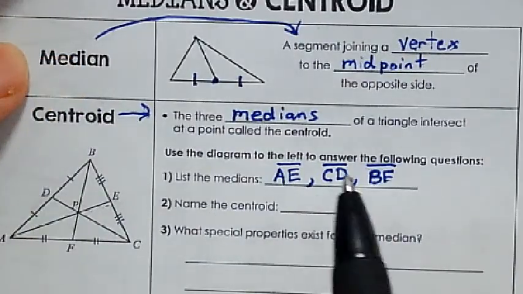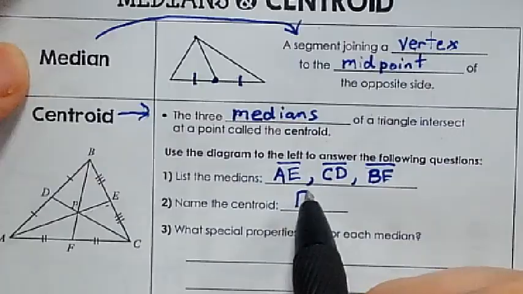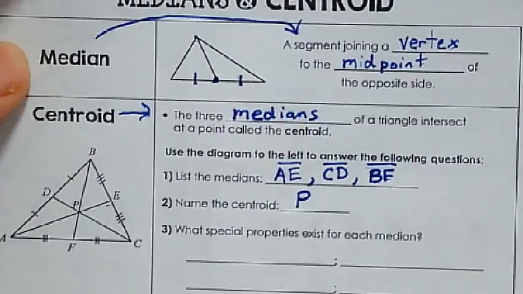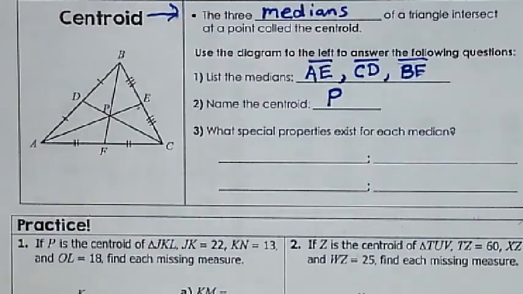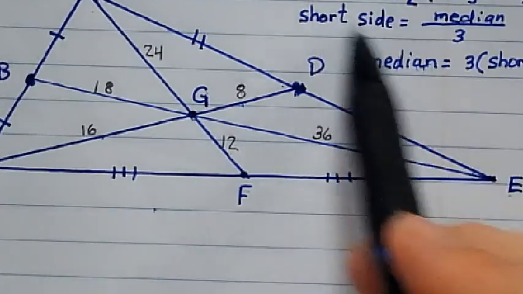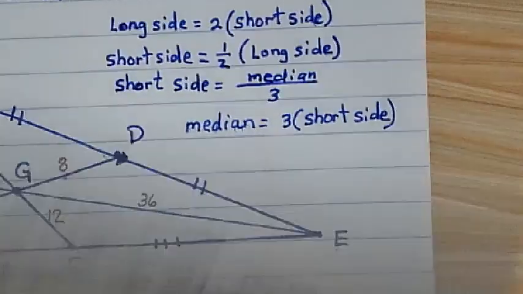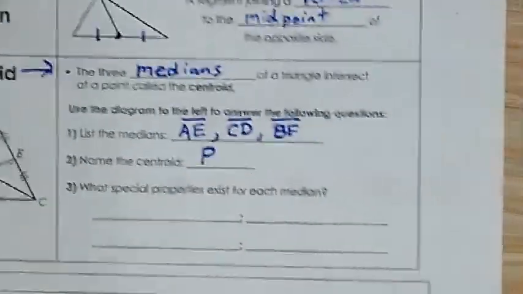Now it says, what special properties exist for each median? Well, let me tell you something. We went through those. These are the special properties. So I'm going to put it in kind of like student-friendly language, but I'm going to use symbols.